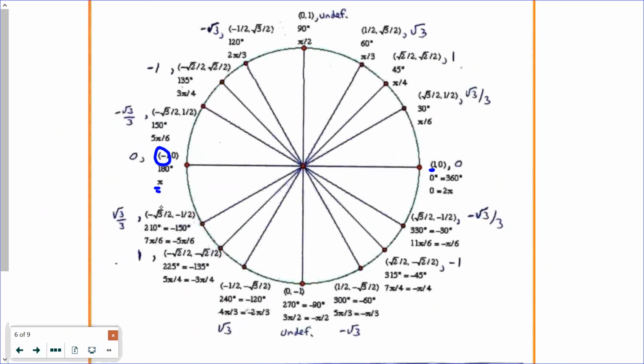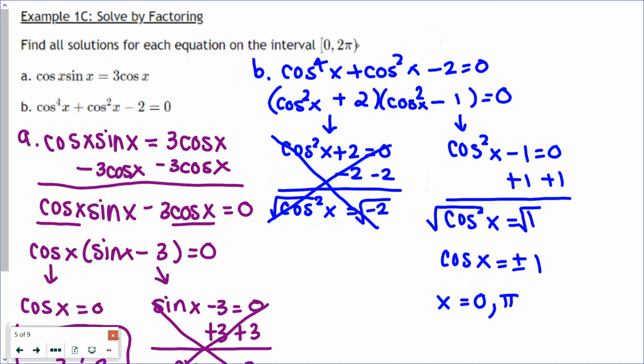I'm just going to check and make sure it's not negative 1 or positive 1 anywhere else. It happens again at 0 and 2 pi, but we're not going to include 2 pi because of what I said earlier. This parenthesis means that it goes up to 2 pi, but it doesn't include it. So that's it. My solutions are going to be 0 and pi.